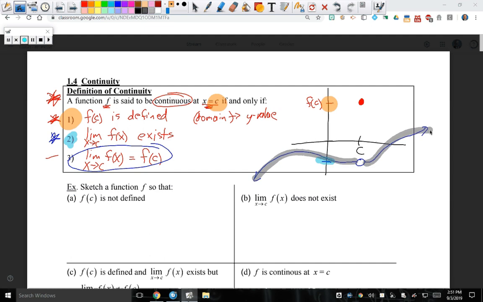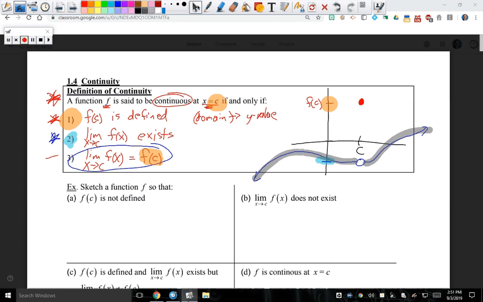Would you want to get on that roller coaster? No, because there's a big old gap. It's missing some tracks. It's not a continuous roller coaster. You with me? So our goal is to make this continuous. That means this y value needs to equal whatever the other y value is. Okay, so just keep that in mind.